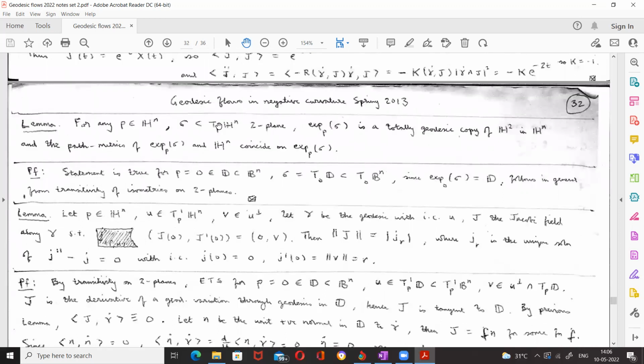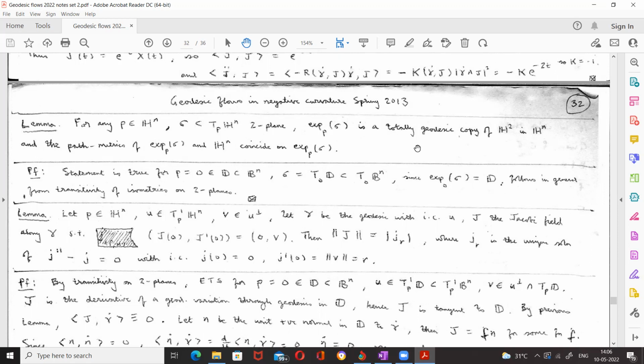And for any two plane in the tangent space at any point, if I take the exponential of that two plane, then this is a totally geodesic copy of H2 in Hn, right? So tangent to any two plane, there is a totally geodesic copy of H2 passing through it, which you get by exponentiating that two plane.